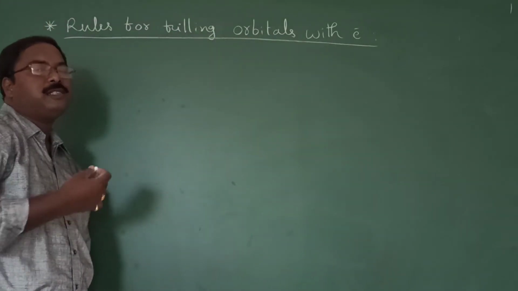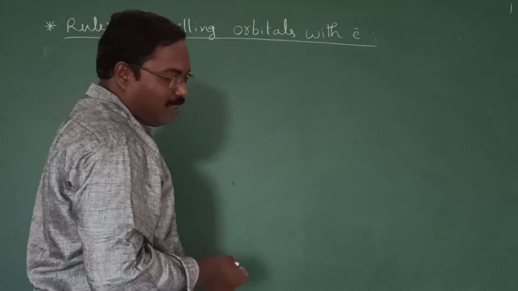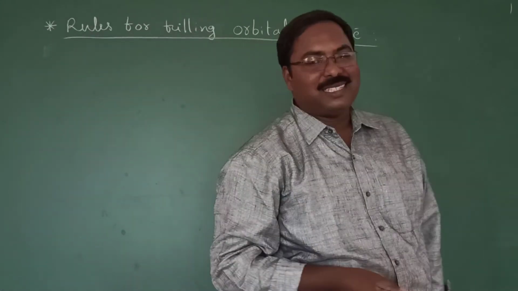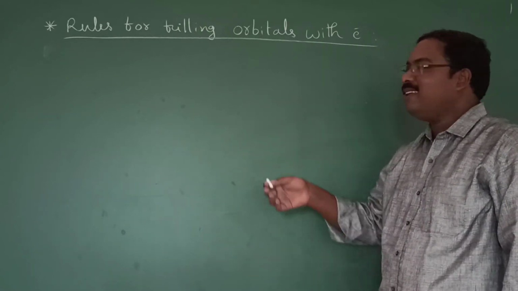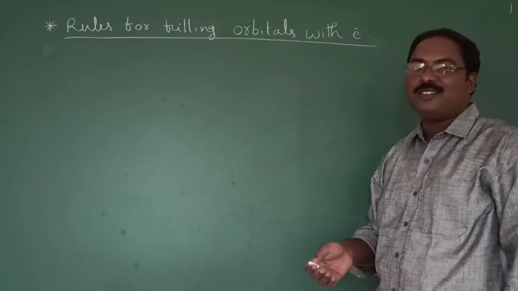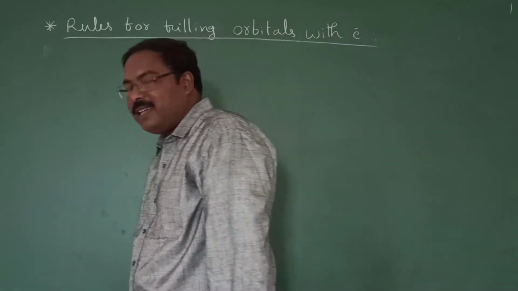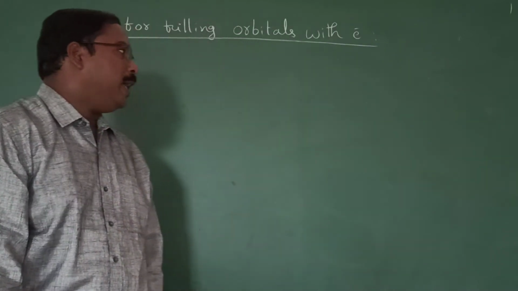Anyway, we will fill the orbitals with electrons only. We cannot fill the orbitals with other things, because protons and neutrons will be in the nucleus. So we fill the orbitals only with the electrons. So give the subheading as rules for filling the orbitals.